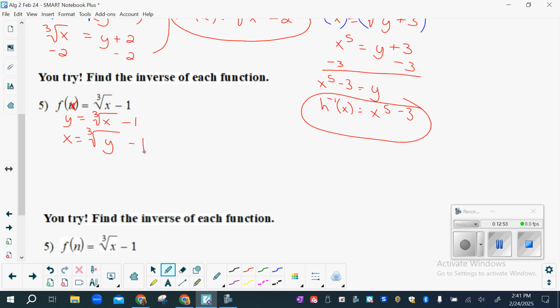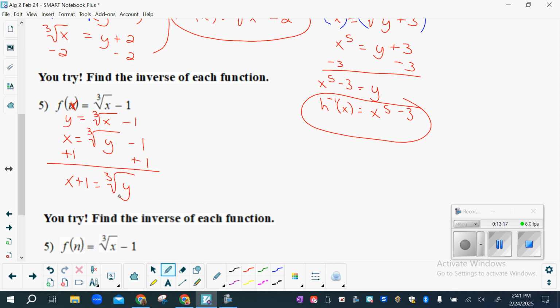Okay, once we get to this step here, this minus 1 is outside the root. So we have to add 1 first. So we get x plus 1 is the cube root of y. Quiet please, I've seen a lot of you were taking the cube on both sides before you were adding that 1.